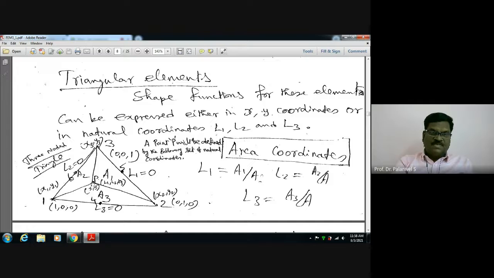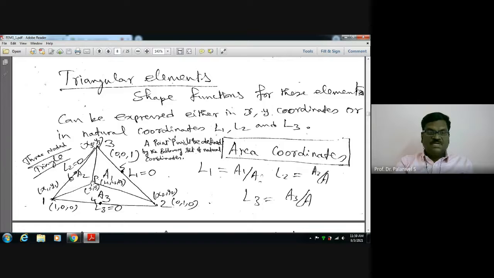You consider any point within this triangular element, say P, whose natural coordinates are, say, L1, L2, L3. The point P will be defined by the following set of natural coordinates, which I have arbitrarily chosen.